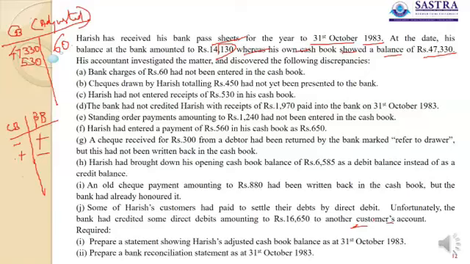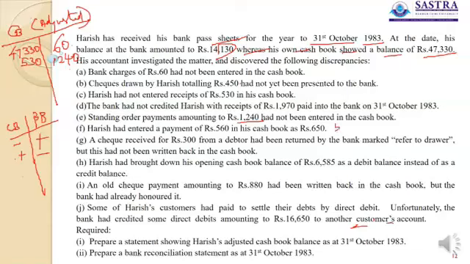We have considered both the receipts of 530 and 1970. Then come to standing orders: payments amounting to rupees 1240 had not been entered in the cash book, so enter it as a payment now, 1,240. Then Harish had entered a payment of 560 in his cash book as 650.